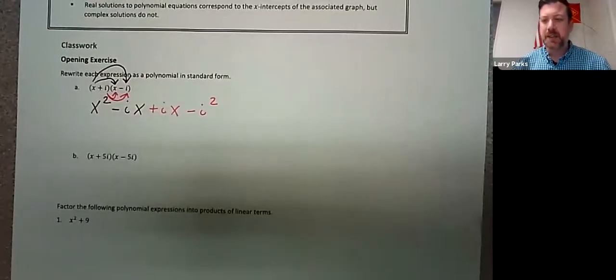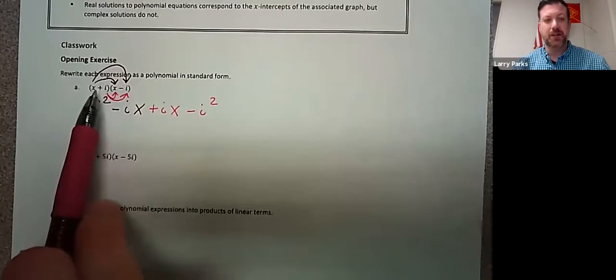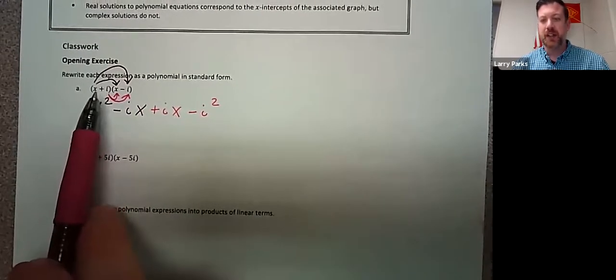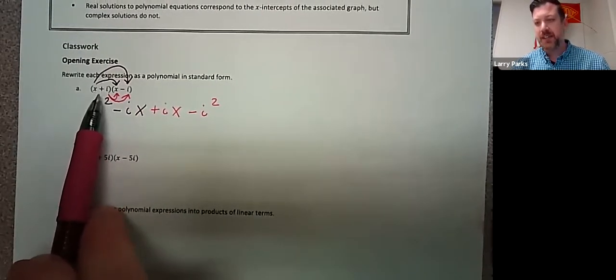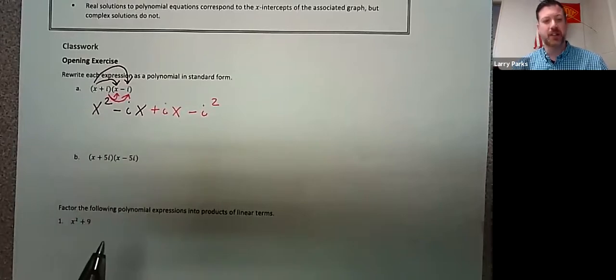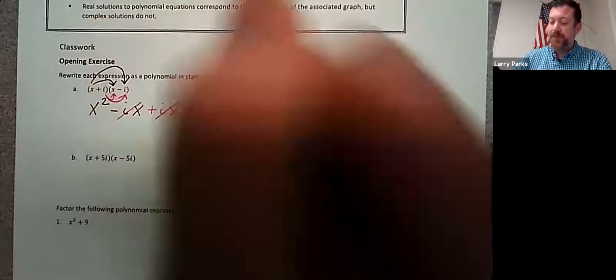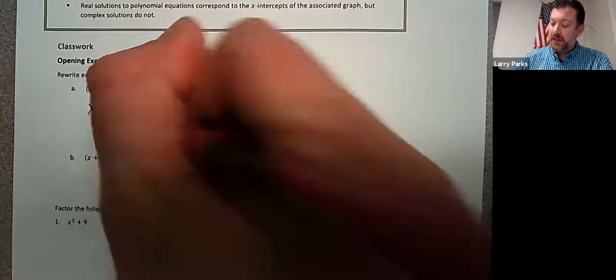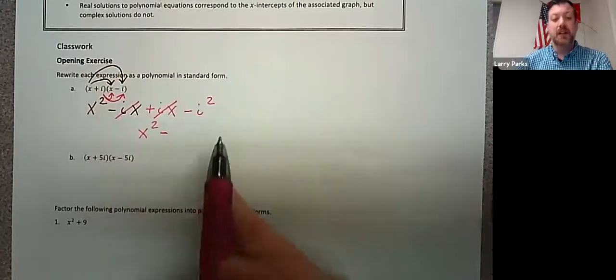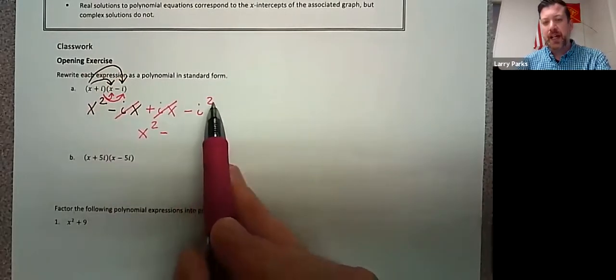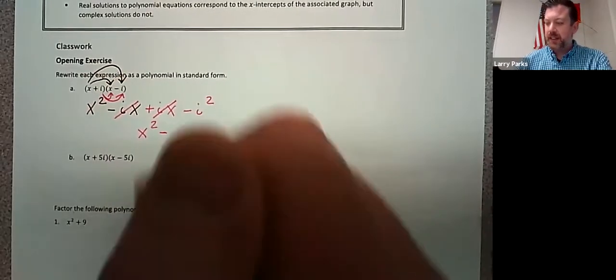So if you take x plus i times x minus i, which we call those conjugates, so if negative i is a solution, then positive i is a solution. Notice these two middle terms cancel. And you should remember that i squared is negative 1.